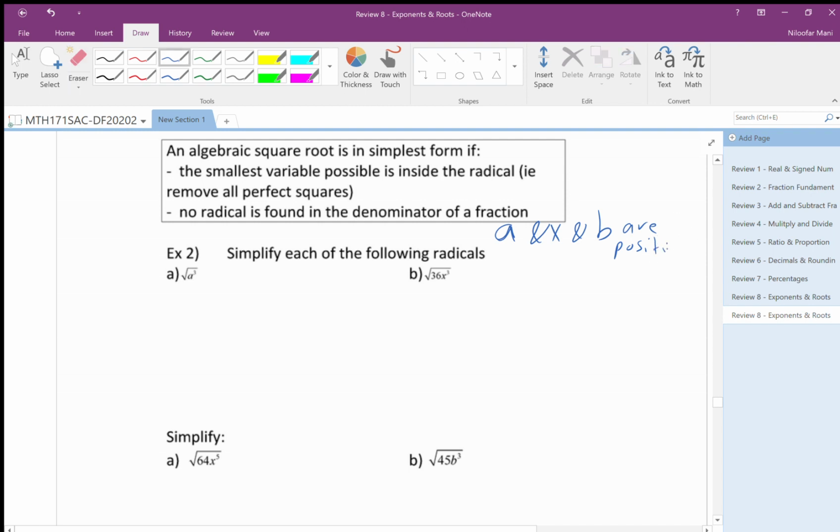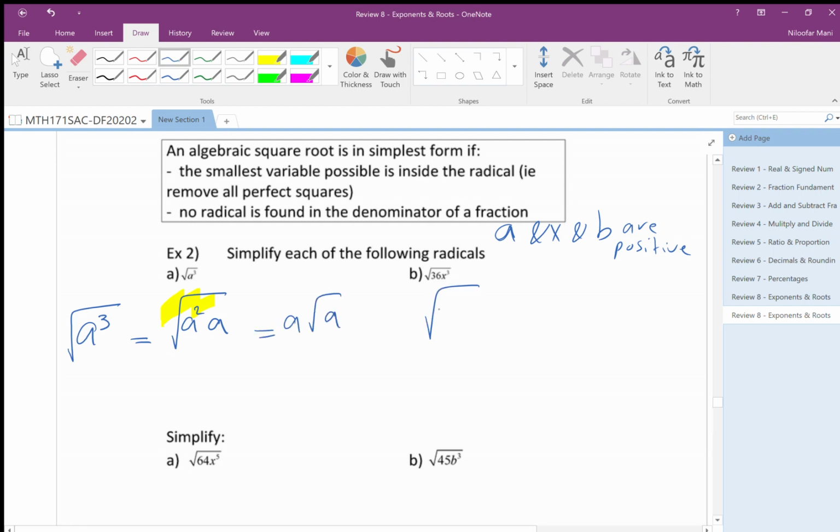So positive. I think it's very unclear, so I write it here. So you do a squared times a. Why do I separate them? Because it's a square root, so I can bring that out.